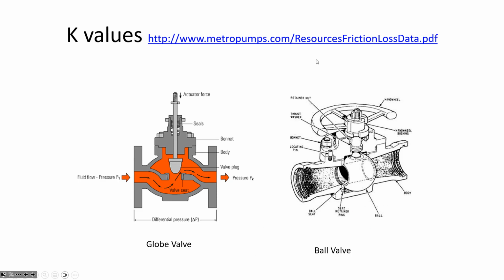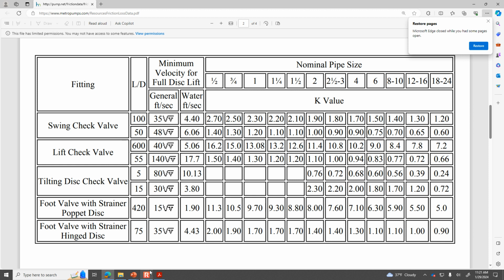Okay, we've looked at these two valves. One thing I want to point out is what it looks like when you go to a fitting manufacturer. They can post their K values online, and it also depends on the diameter of the fitting. So we've talked about how one of the factors is how smooth the transition is, of course, but also they have different K values for different pipe sizes.